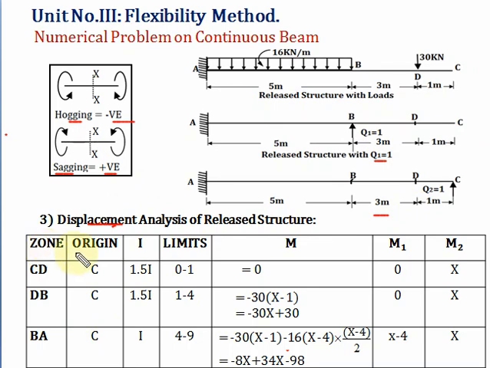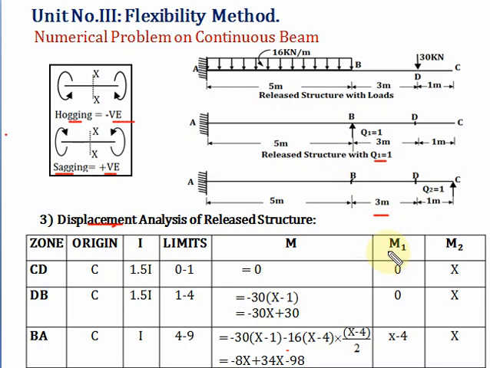First column is zone, second is origin, third is moment of inertia, fourth is the limit, and the next one is the bending moment M in the given structure, or we can say in the release structure with load.